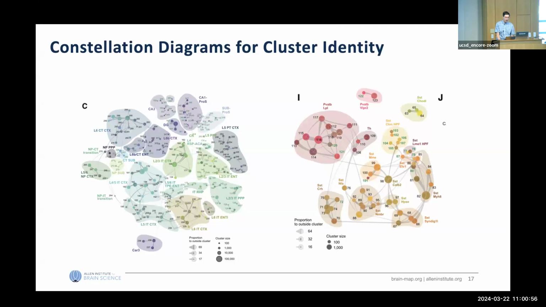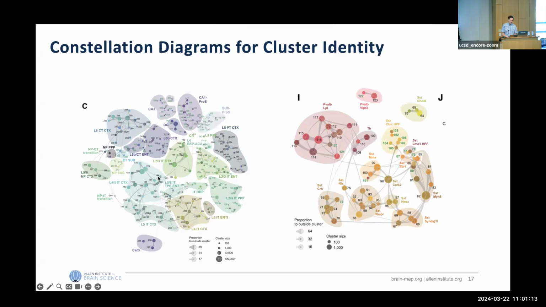This is showing, in a way, a confusion matrix of sorts between the classes. This is an embedding where the dots are now different cell types. The larger blobs are a higher level organization.